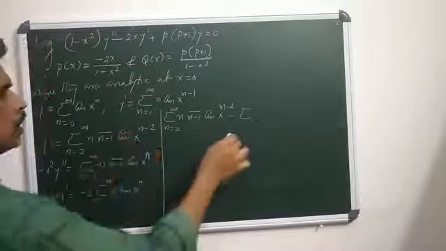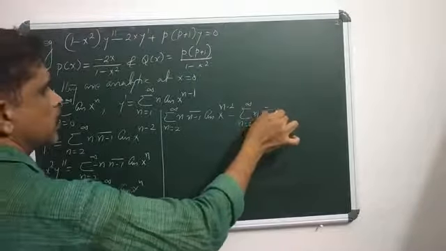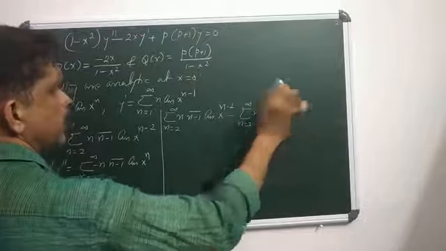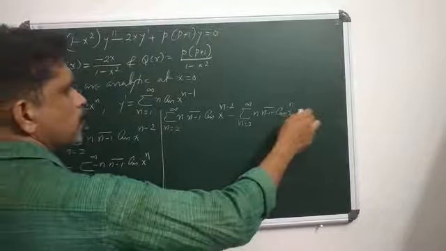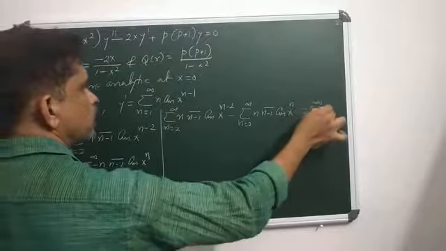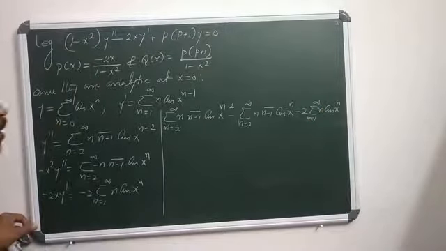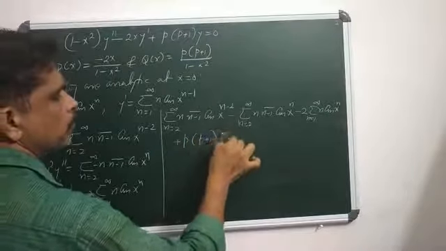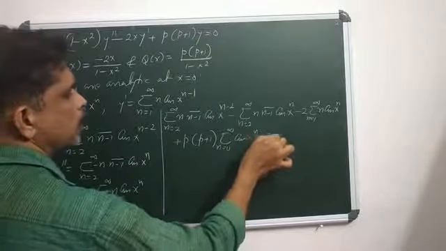Minus sigma n ranges from 2 to infinity n into n minus 1 into a n x power n. Clear? Minus 2x y dash, minus 2 into sigma n ranges from 1 to infinity n a n x power n, plus p(p plus 1) into y. Y means sigma n ranges from 0 to infinity a n x power n equals 0.